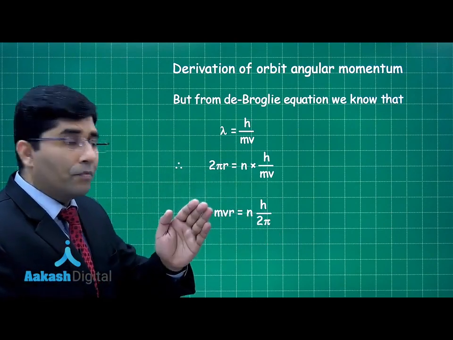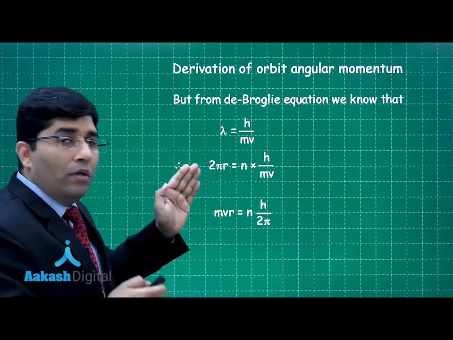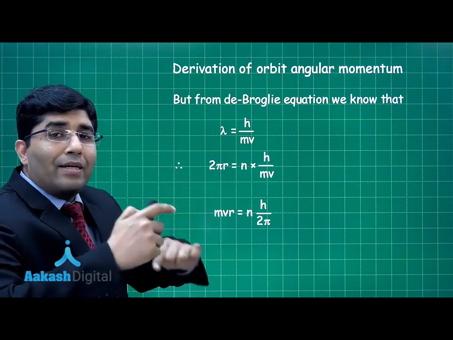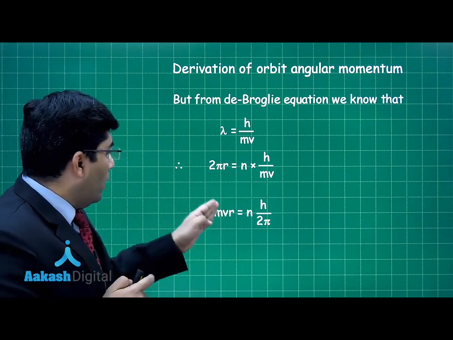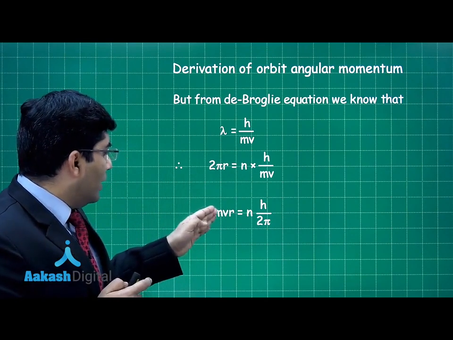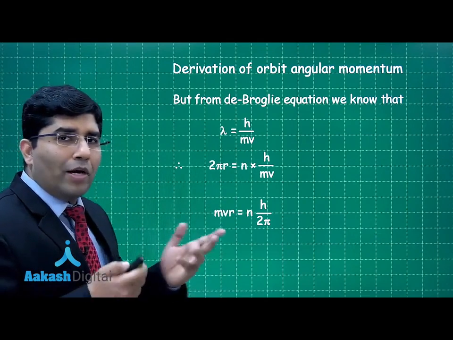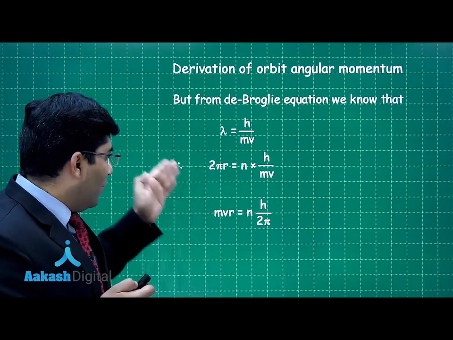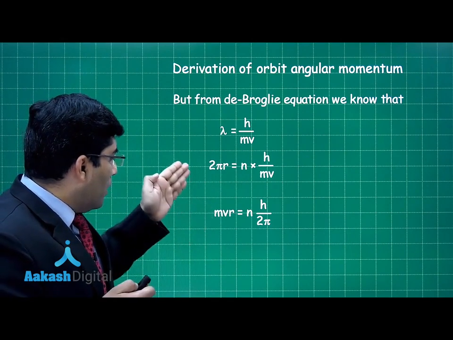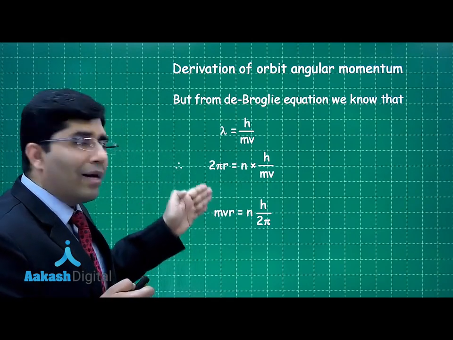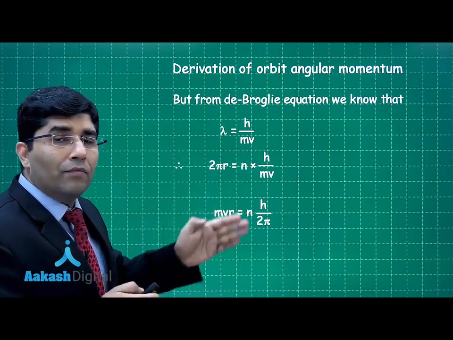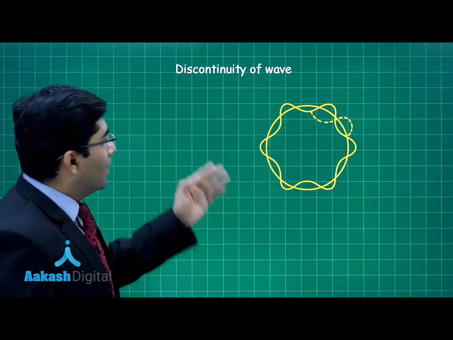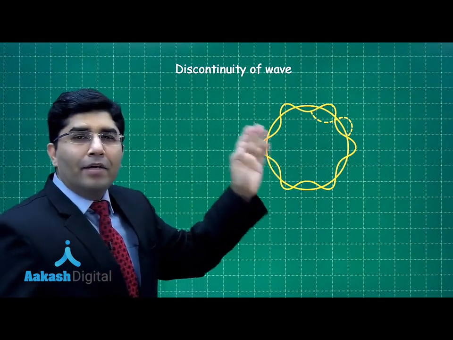But if the electron tries to change its radius or its velocity, the mass of the electron being constant, then what will happen? Then the wave will become discontinuous.